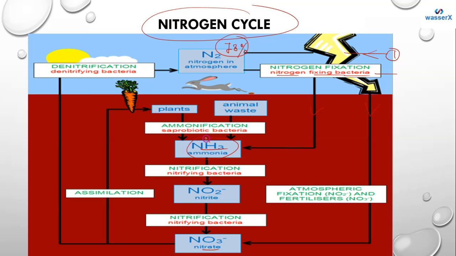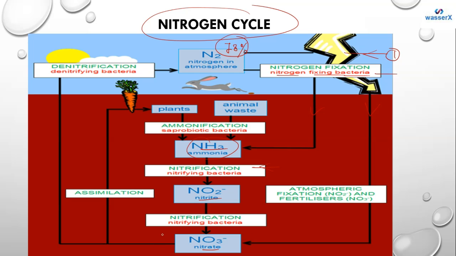Then this ammonia, through nitrification, because there are some nitrifying bacteria, is converted into a form usable by plants and further by animals, of course. That's what we call nitrate and nitrite. That's what we call the nitrification process, right?